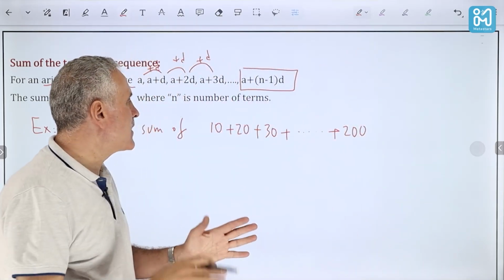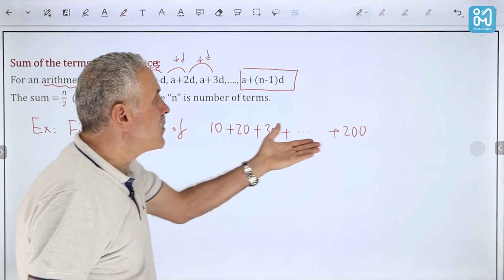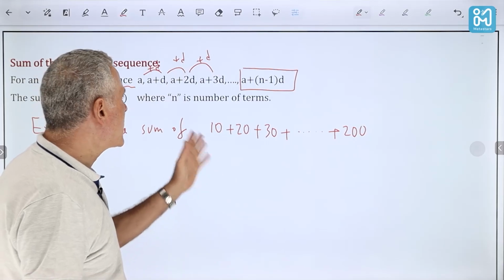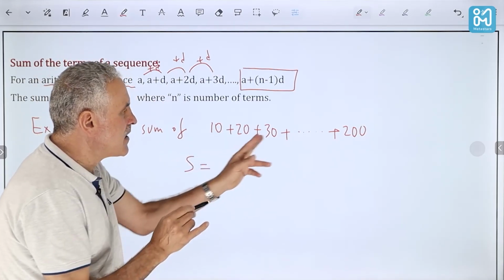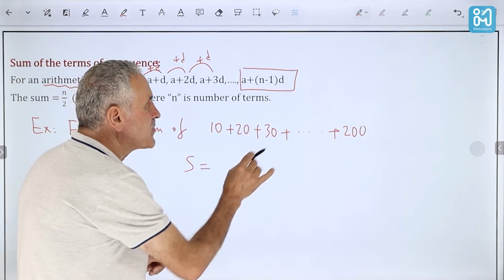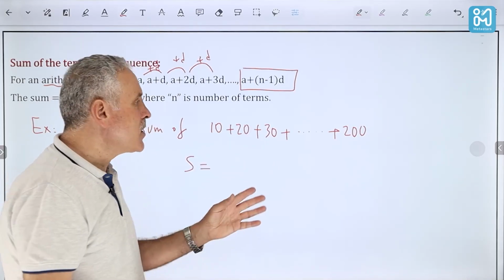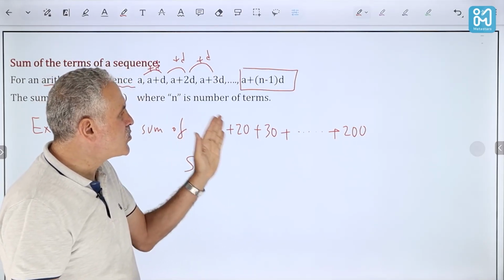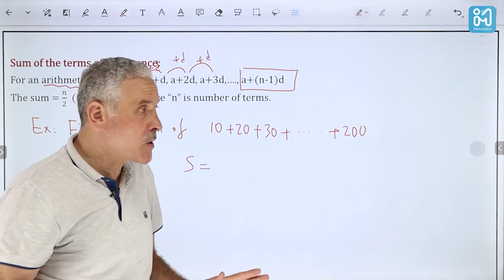And instead of just finding 10 plus 20 plus 30 on the calculator, you could do it, but they may give you a very large number here, so that will take a long time. You could just use this formula. So the sum is equal to, as this is arithmetic, the number of terms, so determine the number of terms carefully. You could find the number of terms by inspection. This is just like 1, 2, 3, 4 up to 20, so it's 20 numbers.